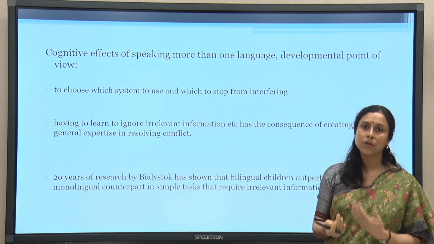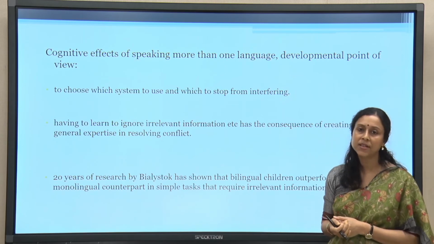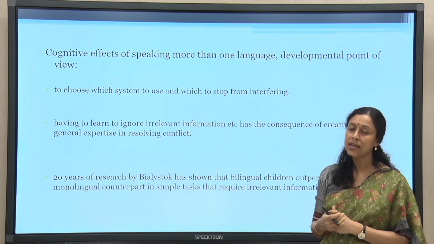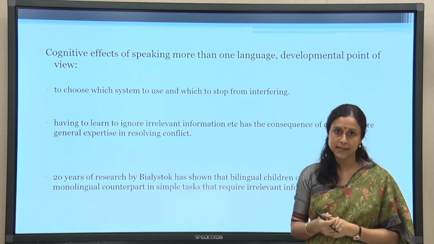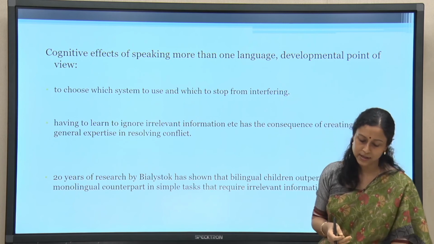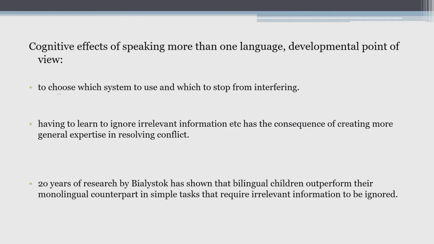Basically, how well established the cognitive control mechanism is, or whether one has a superior cognitive control mechanism. Because for a bilingual we have to constantly choose which system to use and which to stop from interfering, and we also have to learn to ignore irrelevant information. This has the consequence of creating more general expertise in resolving conflict.